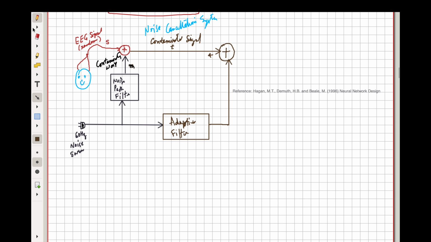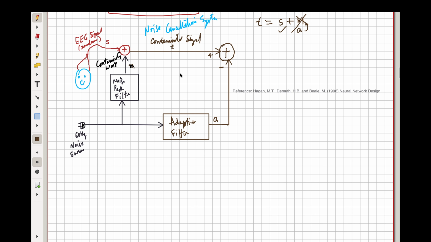And what we do with that is we subtract this value, which is the predicted value A, from that signal T, so that we eliminate this. So T is made up of S and M, and what we do is we try to find A, which is the same as M, and just get rid of M from there, so we are left with a clean signal.